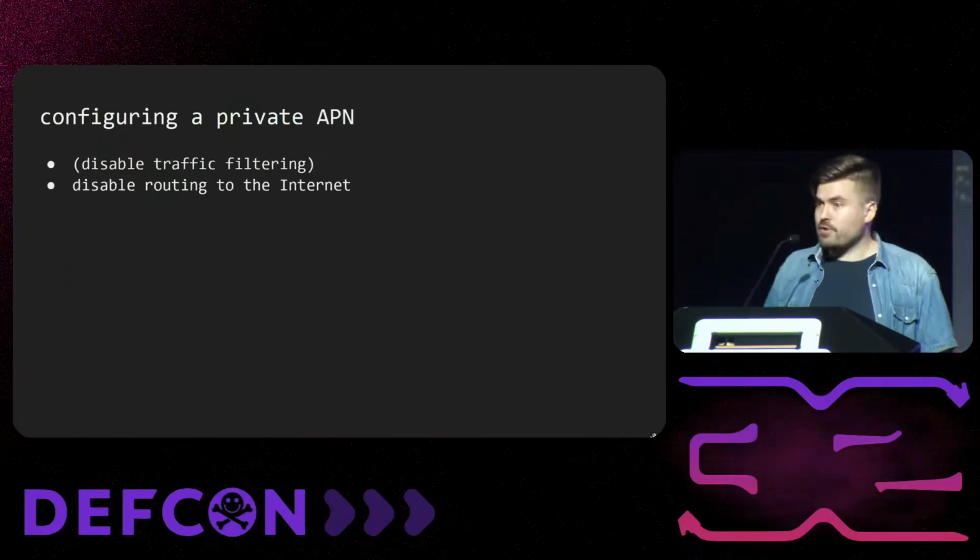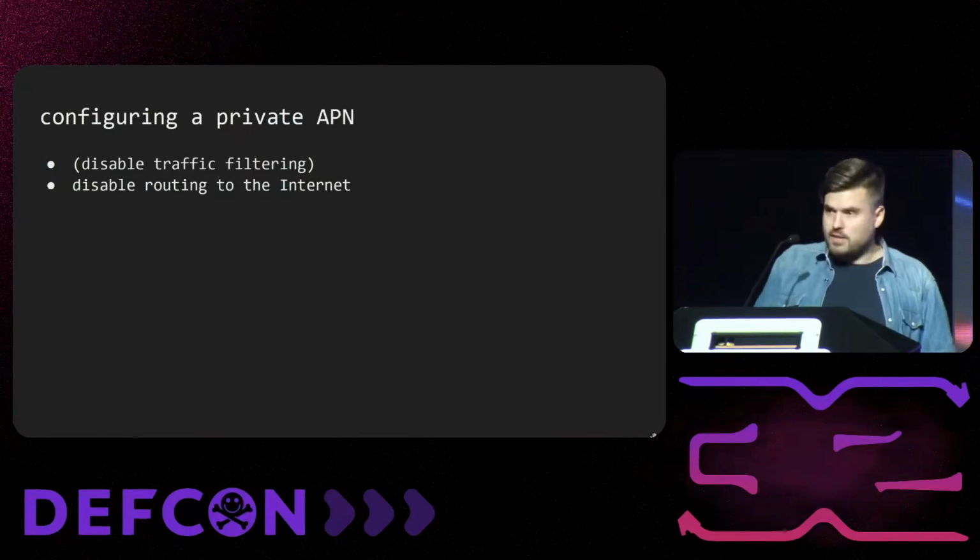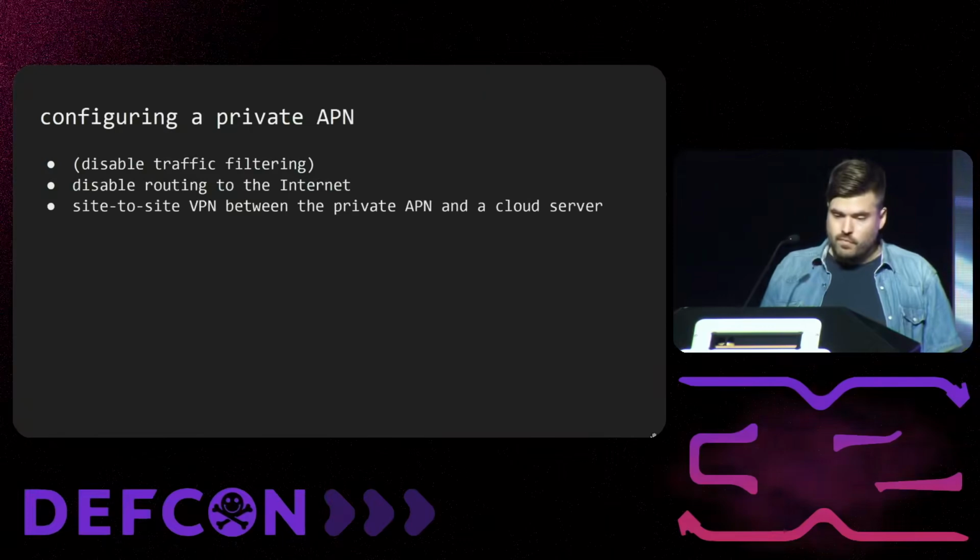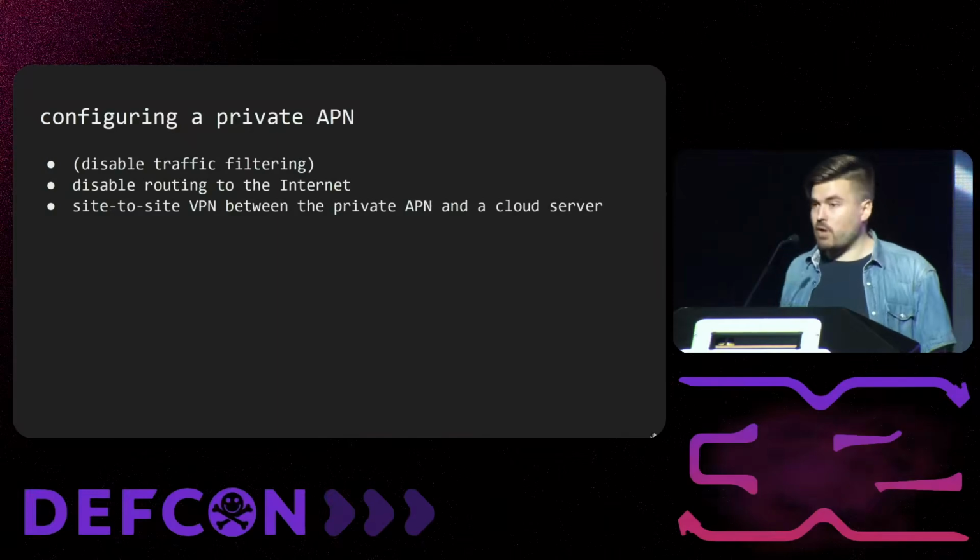So how to configure this? Once you buy it, first you want to disable the traffic filtering if there is one, and then disable routing to the internet, because we don't want the devices to connect to the internet without us seeing it. Next, set up a site-to-site VPN between the private APN and our cloud server.